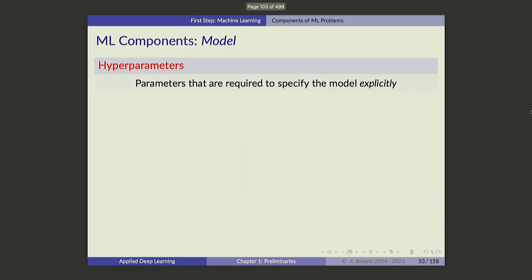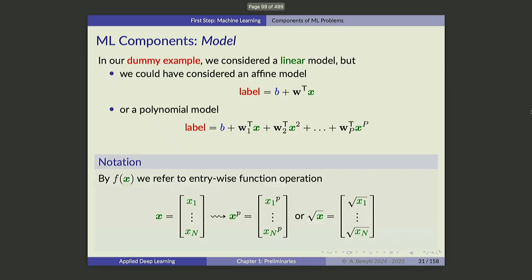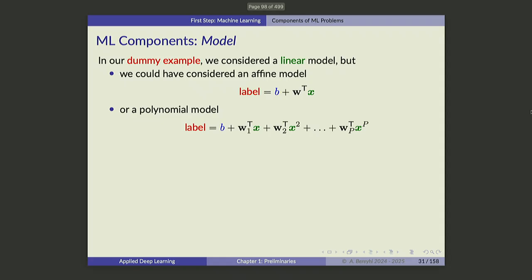So let me give you one example. What is a hyperparameter? Parameters that are required to be specified if you want to write down your model explicitly. For example, we had this particular order P model, right? So I showed you this model here. If I want to program something on the computer to get the input and compute the output, I really need to know what P is, right?